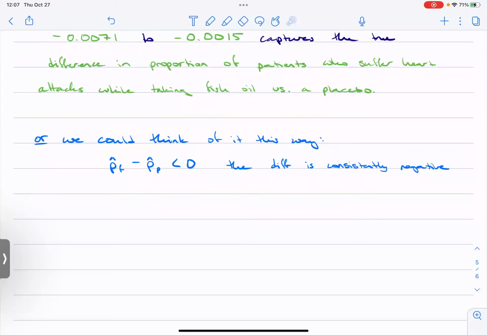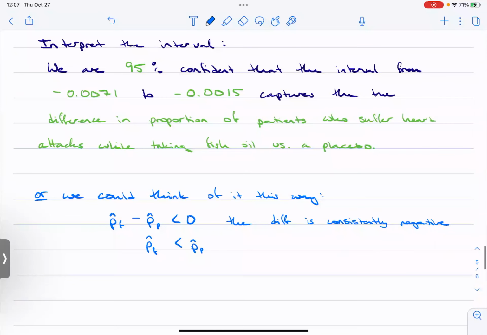This is only if you want to do it mathy, but you can rearrange this and you can say, okay, the proportion of the fish oils is less than the proportion of people who have heart attacks on the placebo. How much less? Well, 0.0071 to 0.0015, that's how much less.